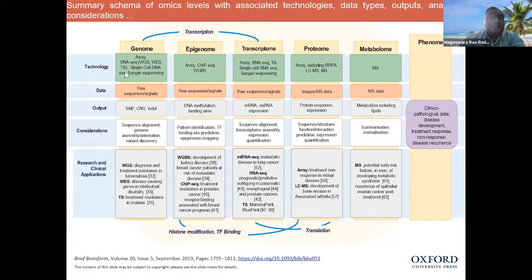Then single cell DNA sequencing. Generally we isolate multiple cells from the body, for example a blood sample, isolate the DNA from the blood, and use that DNA.